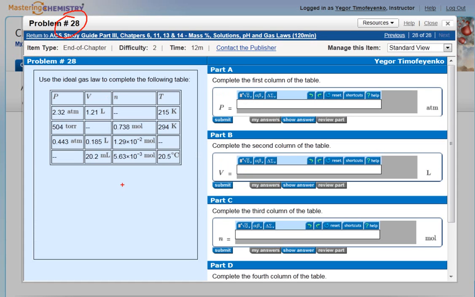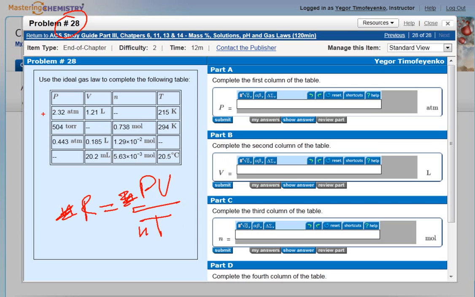In problem number 28, we're using R equals PV over nT. We don't have an initial state or a final state. We're given everything except for one variable.